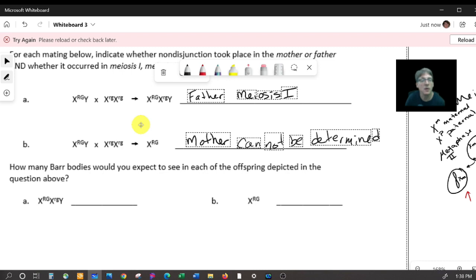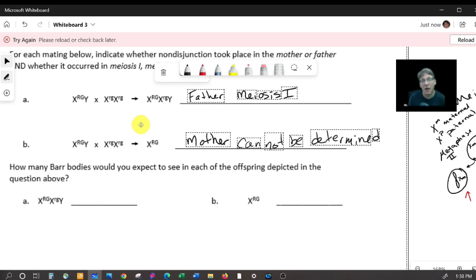Now, the question is, how many bar bodies would you expect? So bar bodies, this is a simple genetic test that we can do on an individual, in which a karyotypically normal female inactivates one of her X chromosomes, and that inactivated X chromosome condenses to the side of the cell and is seen on interphase cells as a lump on the side of the nucleus, and that's what we refer to as a bar body.